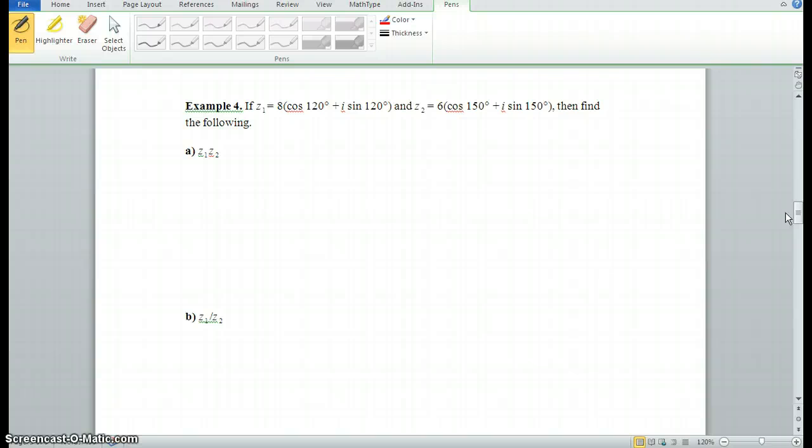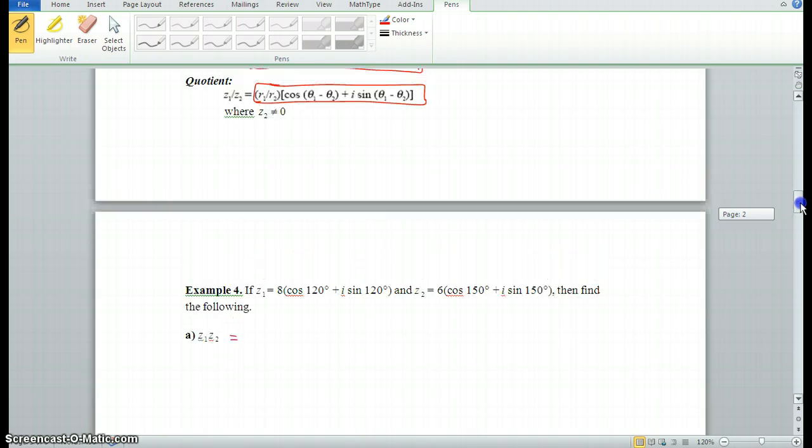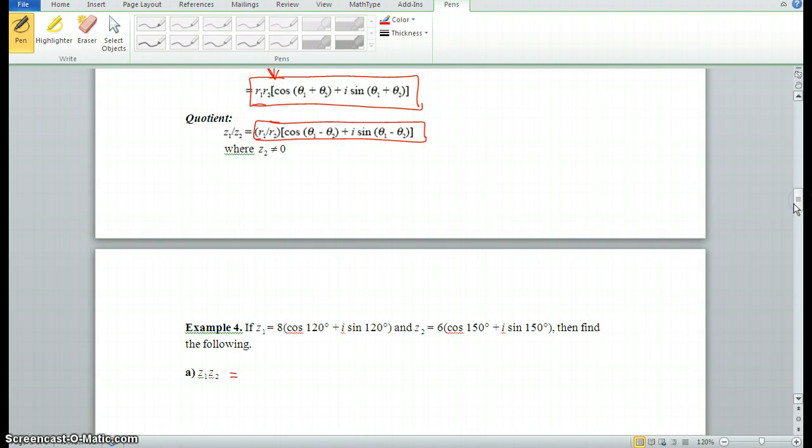Okay, so if z sub 1 is equal to 8 cosine 120 plus i sine 120, and z sub 2 is equal to 6 cosine 150 plus i sine 150, then find the following. So the product of z sub 1 and z sub 2, again utilizing the product property, we'll go up and pull that up for you here.